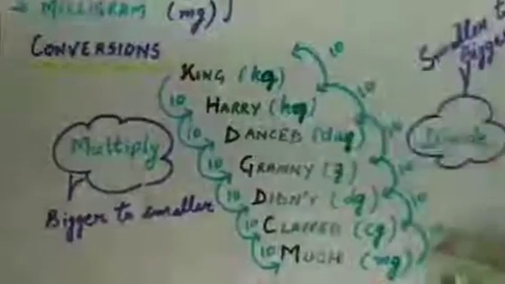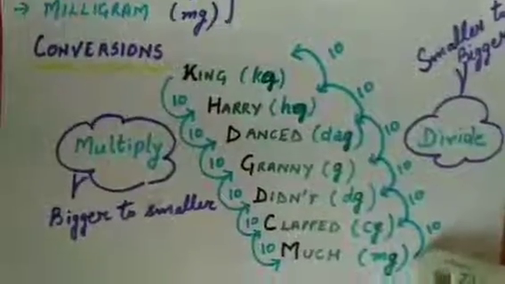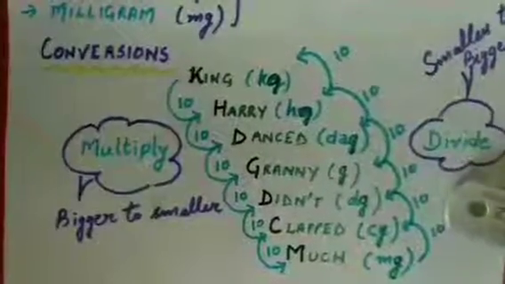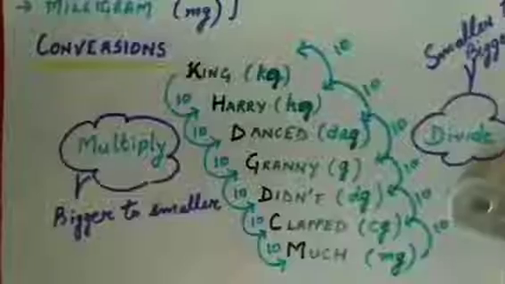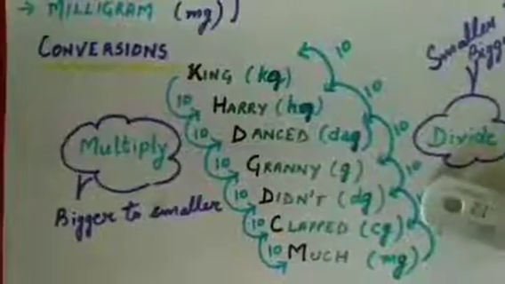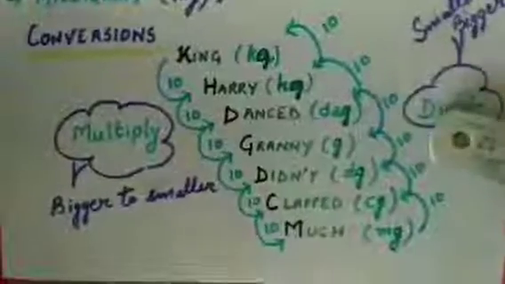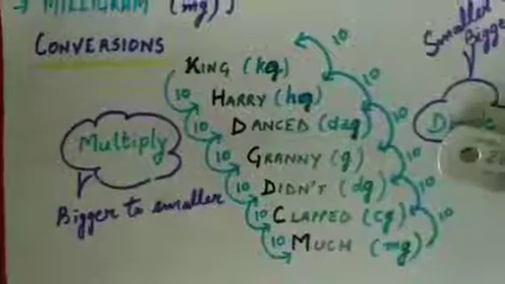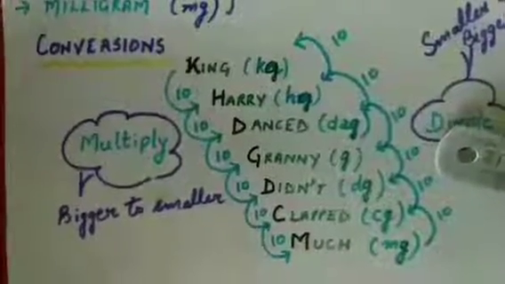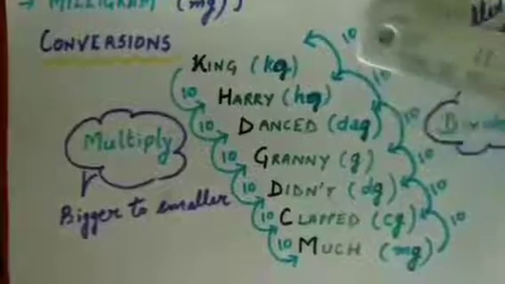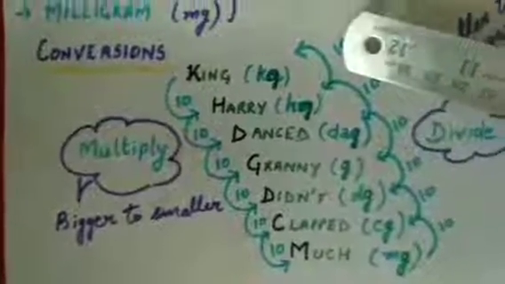In the same manner, if we want to convert milligram into centigram, then we will divide by 10 because there is only one jump. But if we want to convert centigram into gram, then there are 2 steps. So we will divide by 100. So you need to remember, when we are going down this key, we will multiply. But as we are going upwards, we will always divide.